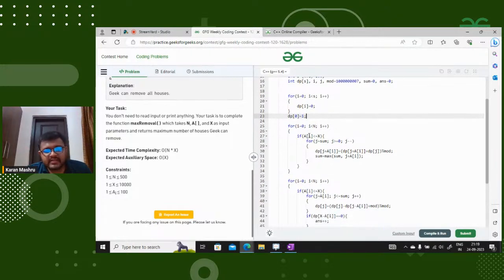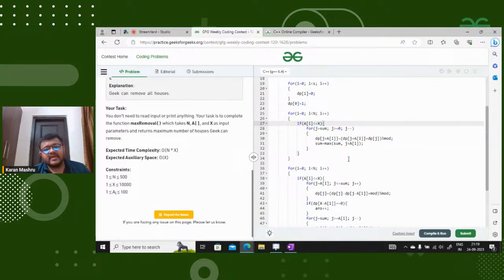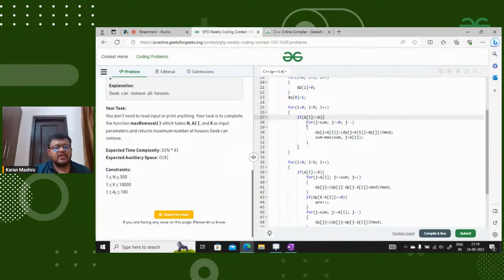Then I have moved over all the elements from i equals to 0 to n, and if a particular element is less than or equal to x, then only I am considering it. Because if an element is greater than x, there is no need of considering it. Like if my x is 10 and the population in one house is 12, there is no need of considering its contribution.